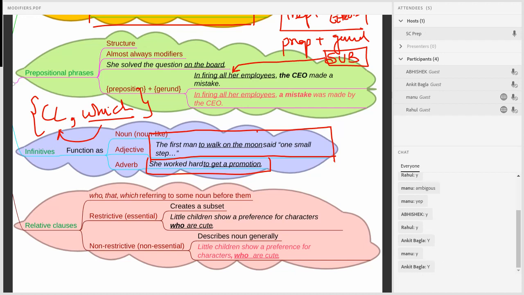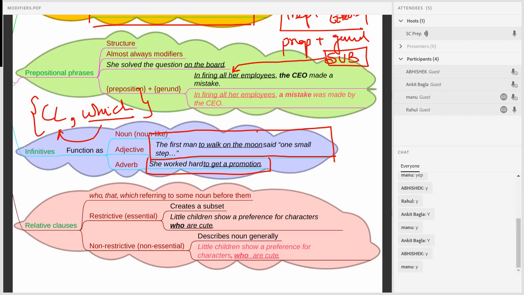Just give me a yes or a no. Rahul, not sure? You can unmute. Not sure, fair enough. I'll revisit the class if there's anything I've missed. No, we can just take a quick 10 seconds on this, and of course you can review the classes later on as well.